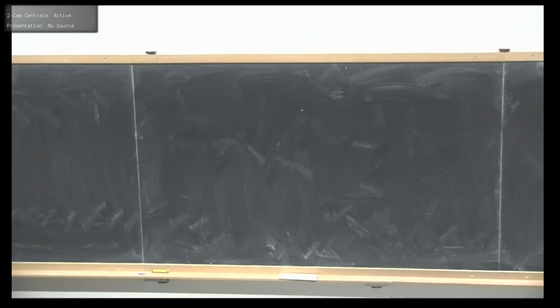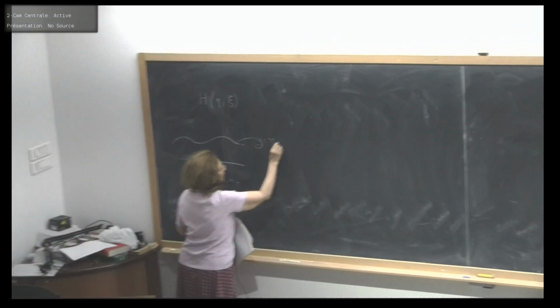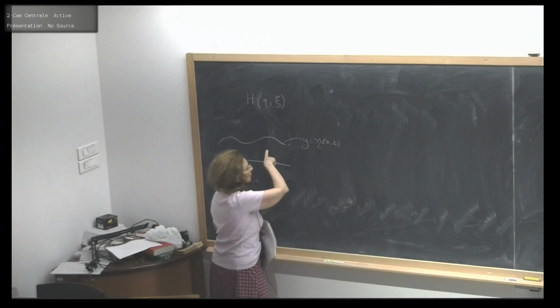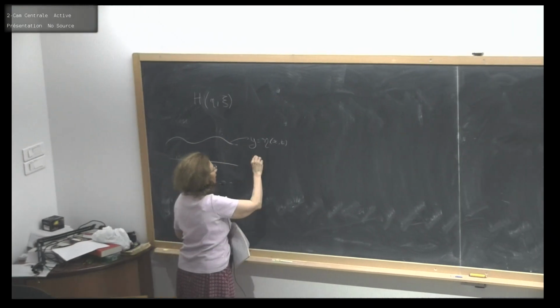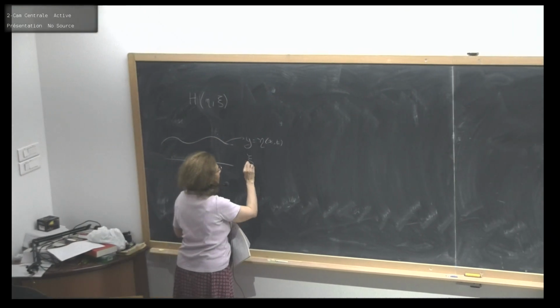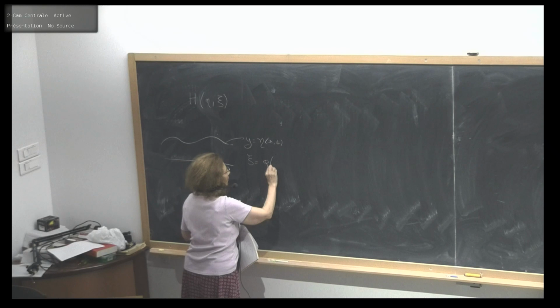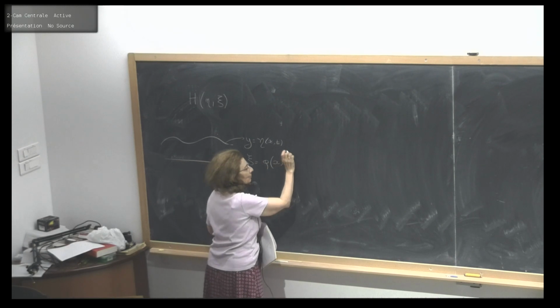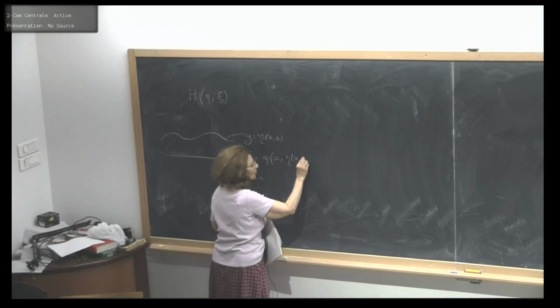The second presentation. Just to keep track with what we did yesterday, we had the Hamiltonian of the problem, which I will just repeat the definition of. This was the interface between the water and the air. We had also another variable that we called xi, which was the trace of the velocity potential.